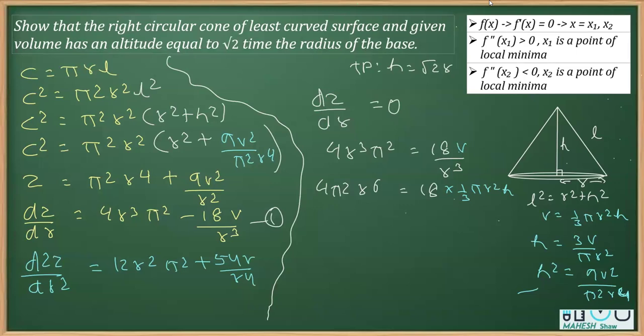Is it v or v square? It's v square, I can see. This is v square here, right? So the v square will be square of this. That means I have to write the square of this. That is 1 by 9 pi square r raised to the power 4 and h square.